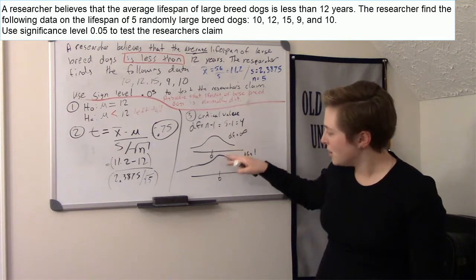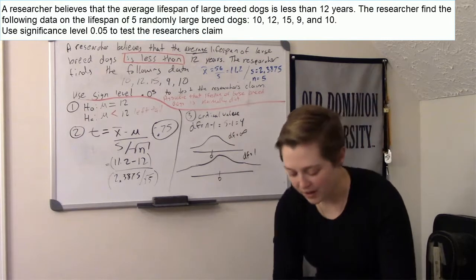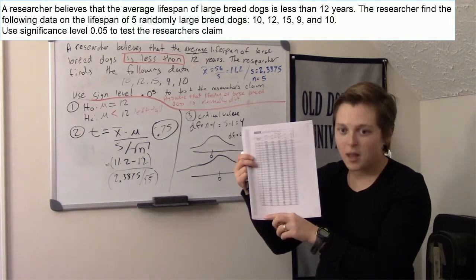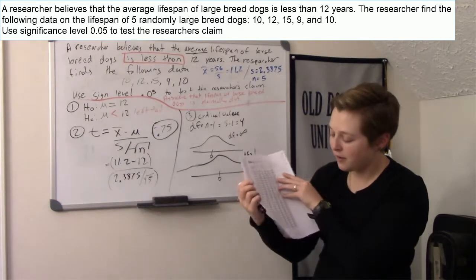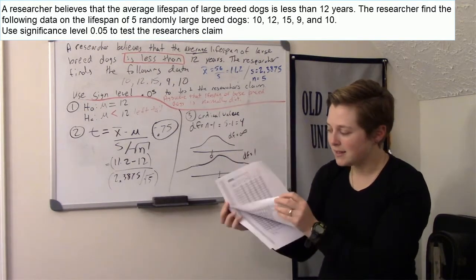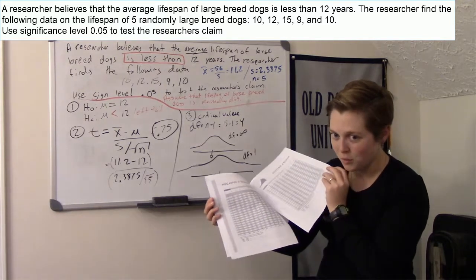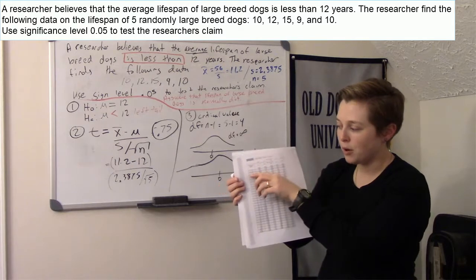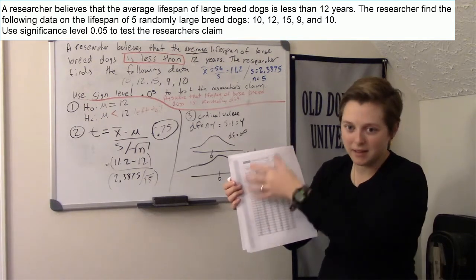There's a different distribution for every degrees of freedom, which is why I don't have 100 z-tables, which is what it would require, but I have just one row per degrees of freedom. And that's why the table looks different.